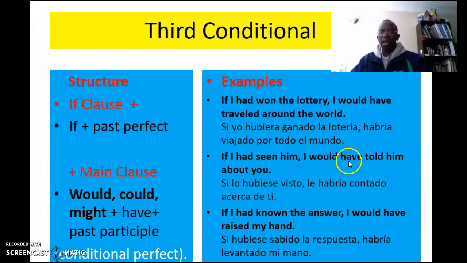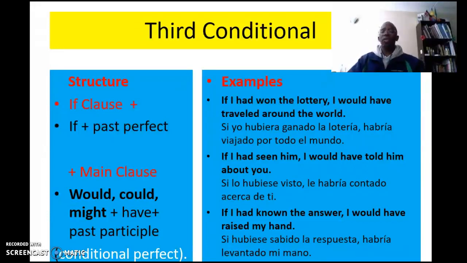And the last one, if I had known the answer, I would have raised my hand. This comes automatically to mind when we have students in the class and you ask him or her a question, and he or she doesn't know, and therefore doesn't answer the question. The student may say, no, teacher, I did not answer the question simply because I did not know the answer.